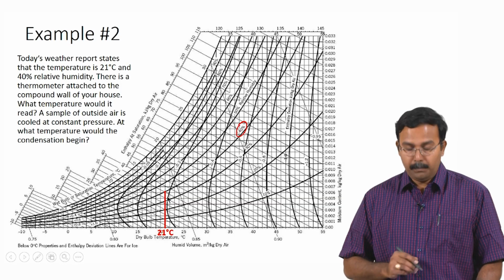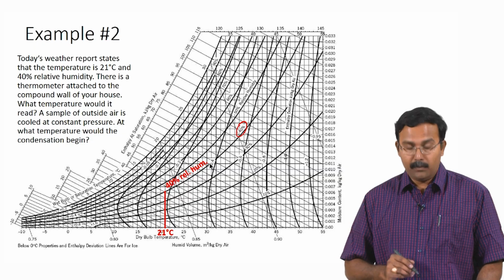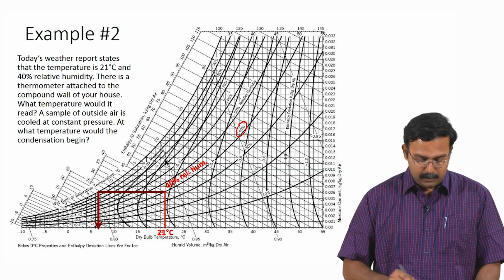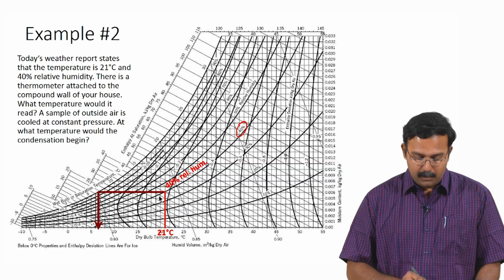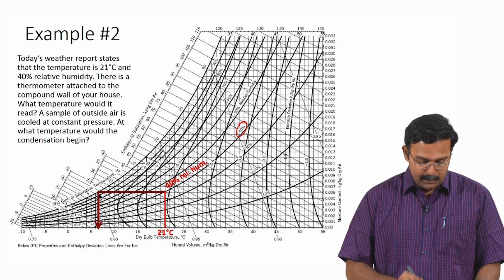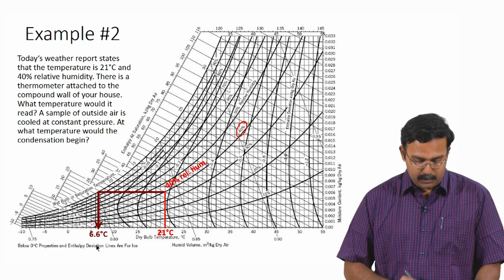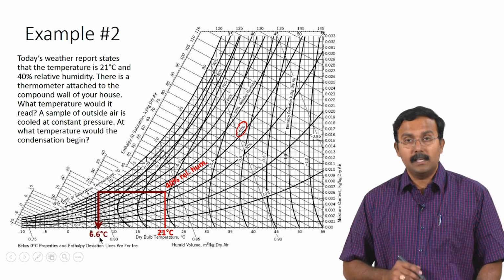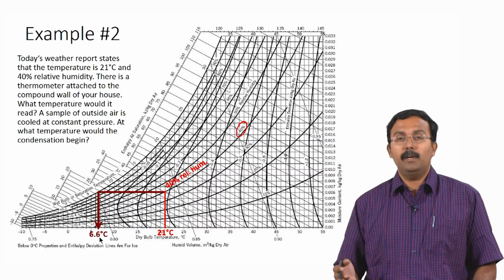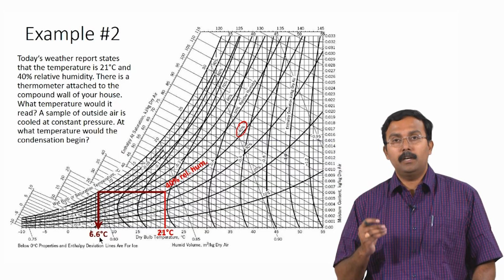From the 40% relative humidity I now have to calculate the dew point, which would be along this curve. So, I move to the left using a horizontal line all the way to the saturation curve, and I can either identify the temperature here or the temperature below, and the value is roughly 6.6 degrees Celsius. So, if this air water mixture is cooled from 21 degrees Celsius to 6.6 degrees Celsius, you would have the first droplet of water forming.